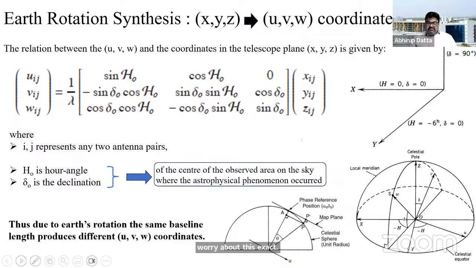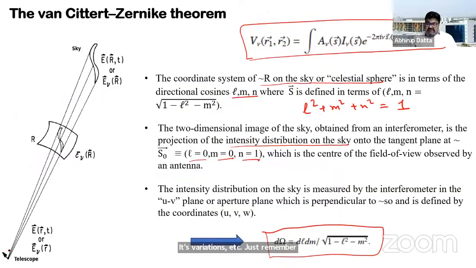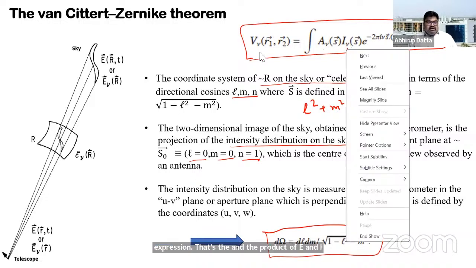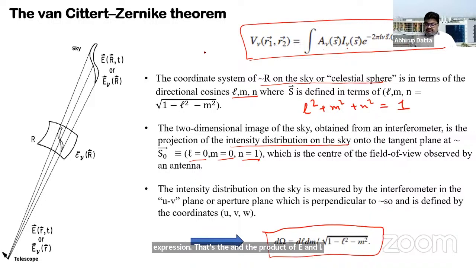You don't have to worry about the exact derivations, etc. Just remember the final expression that V nu and the product of A and I are a Fourier transform pair. Okay, and this coordinate system on the sky represented by this direction S is derived in terms of L, M, N, which are the direction cosines.